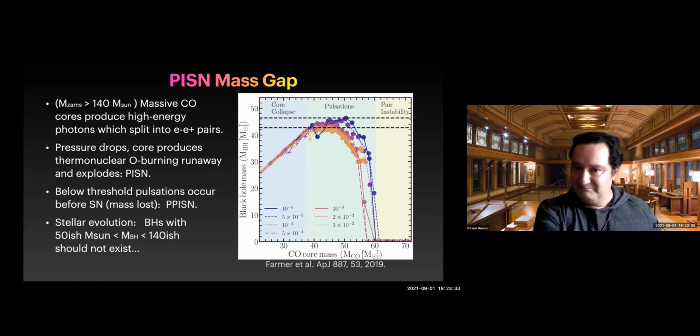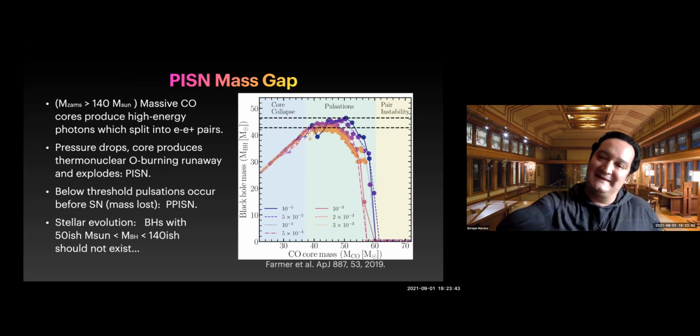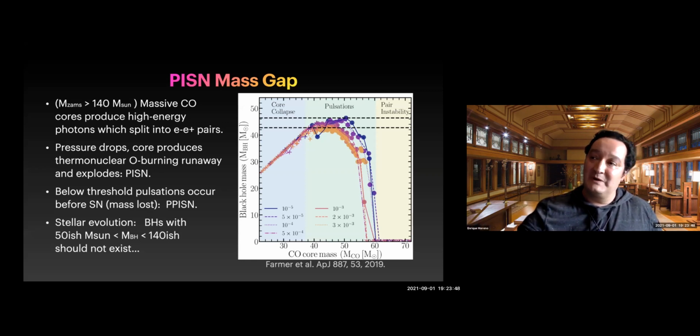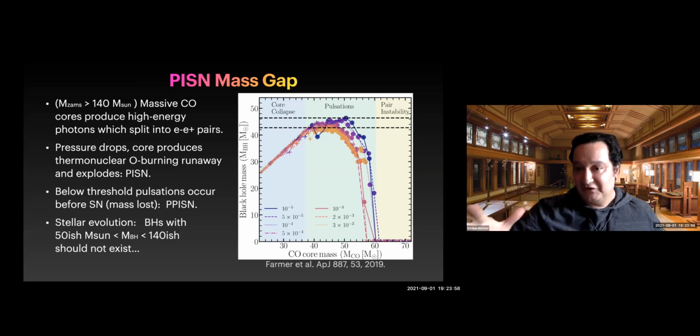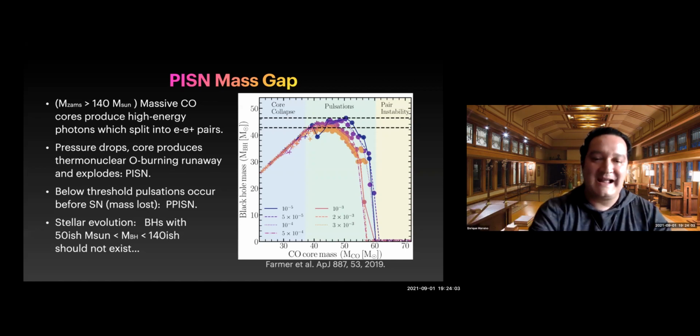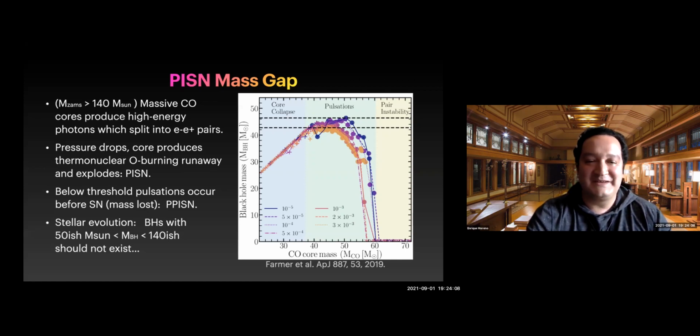So the idea is below 140 solar masses, you can get these pulsational pair instabilities, which will give you black holes up to 40 to 50 solar masses. Then you have a gap to 140, and stars which are more massive than that will probably, rather than explode thermonuclear from the carbon-oxygen burning, collapse directly into a very massive black hole. So there's this gap between 50 and 140, but this gap may move a little bit up and down depending on the ingredients you put on these massive stars.